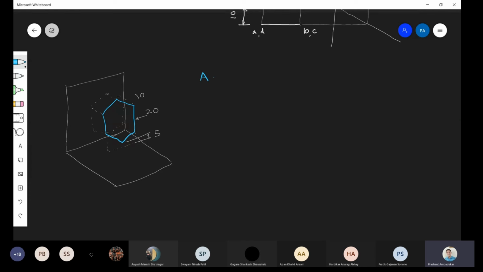See what I am writing, a hexagonal lamina. Okay, lamina means a plane.